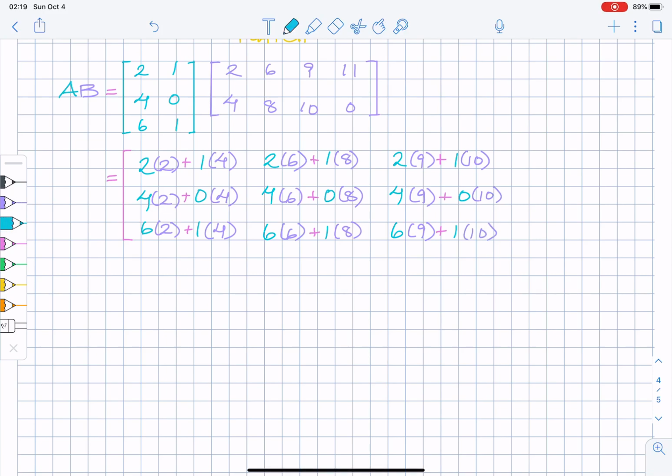Finally, we have 2, 4, 6, 11, 11, 11, plus 1, 0, 1, and 0, 0, 0.